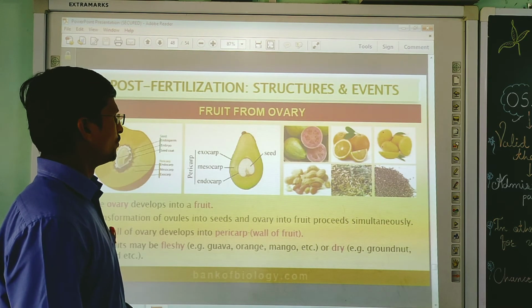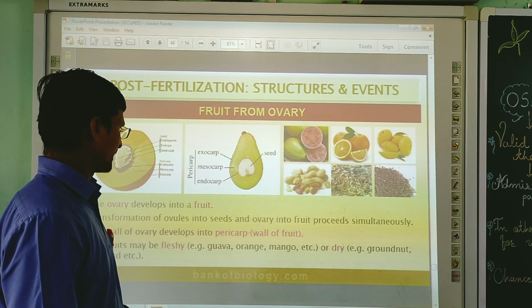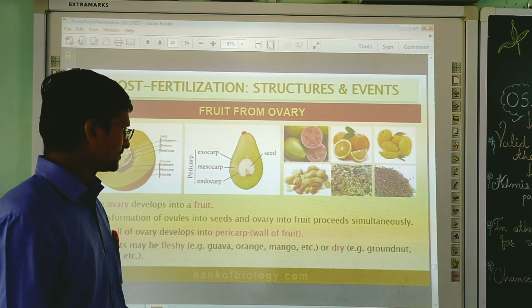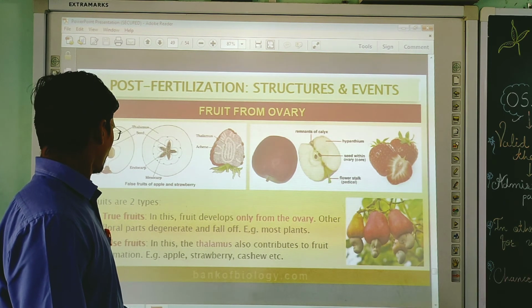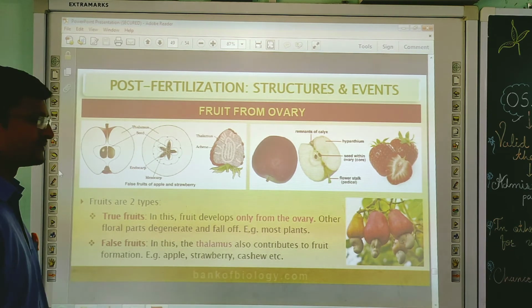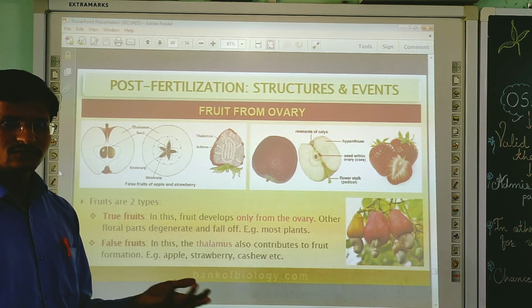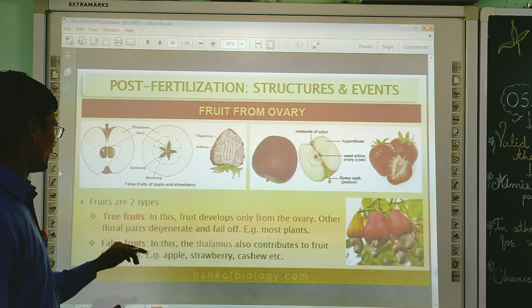Fruit develops from the ovary. The ovary develops into the fruit, and the pericarp is the wall of the fruit. There are two types of fruits: true fruits and false fruits.